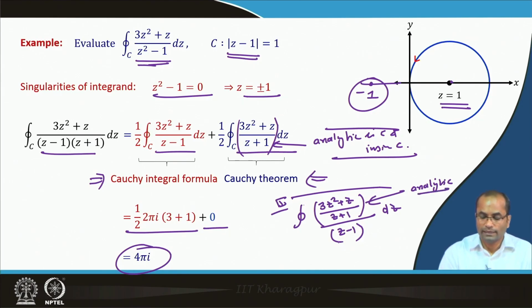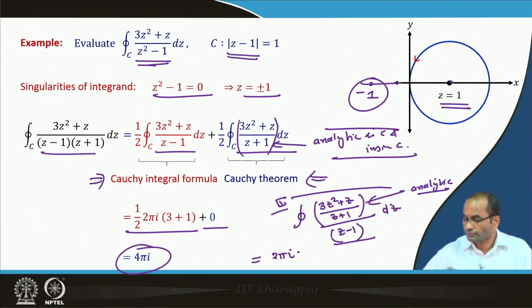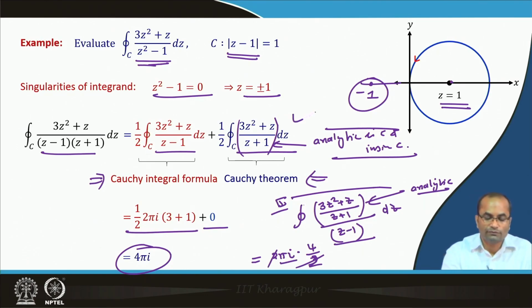So, no problem, and then we can apply exactly the formula 2 pi I, and this has to be evaluated at z is equal to 1. So, here we have 4 over 1 plus 1, that means 2. So, this 2 gets cancelled and we have 4 pi I.